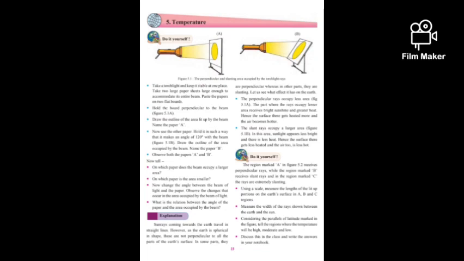Our planet Earth is spherical in shape. It's not flat. If it had been flat, then the sun rays would have been dispersed evenly to all parts of the Earth. But as our planet Earth is spherical, it is curved near the poles, North Pole and South Pole.